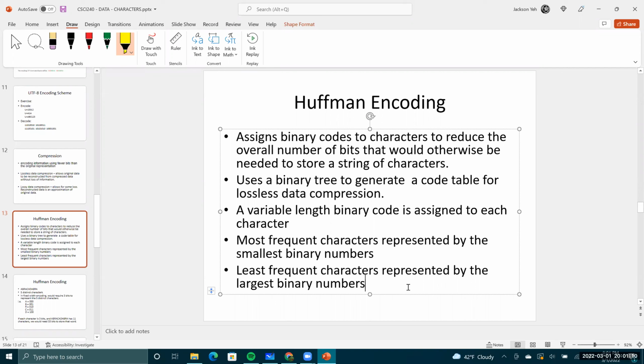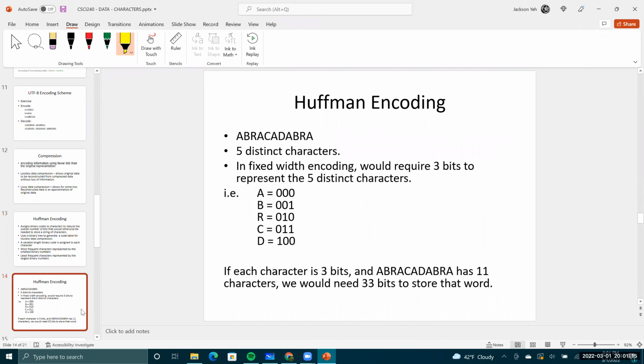Okay, so let's see an example of how this works. Let's start off with the magic word, abracadabra. Abracadabra is composed of the letters A, B, R, C, D. There are 11 letters in the word abracadabra, with 5 distinct characters. In our example, let's say we're not using ASCII and we try to be optimal and ask, what's the minimum number of binary digits I would need to encode these 5 characters?